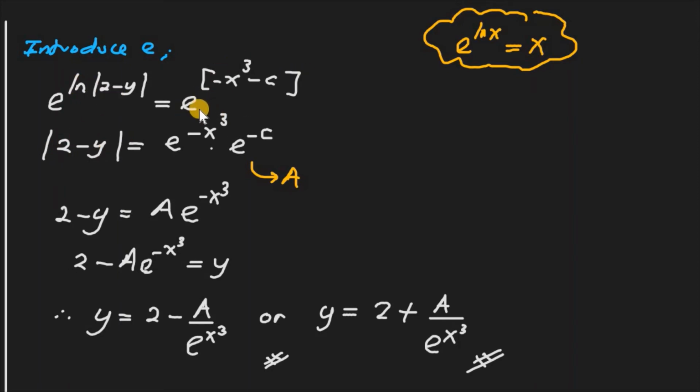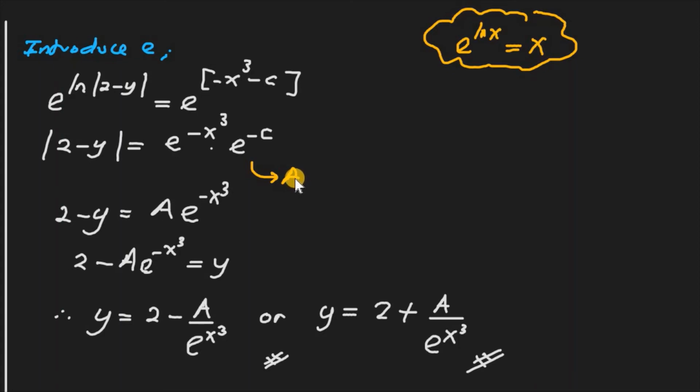As for the right side, we have e power of this negative x cubed minus c, and then applying the law of exponent, this is like e power negative x cubed multiplied by e power negative c. Here this e power negative c is a constant. I can call it a, a constant value that we do not know.